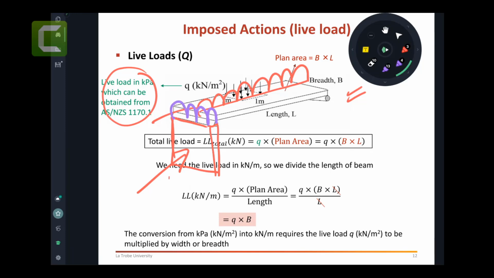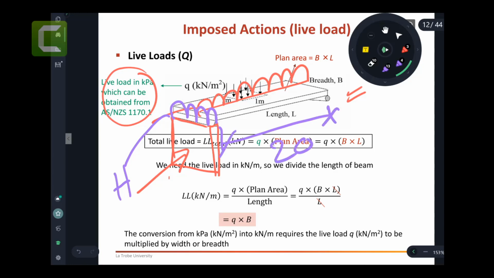Can someone tell me how I can find, let me call it H, how can I find this line load H? You would multiply the pressure by the length of the bridge. What is the length of the bridge? If I say this was 20 meters, what's the length of the bridge? 20.